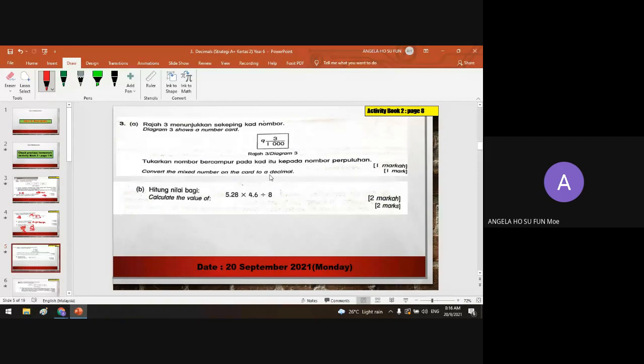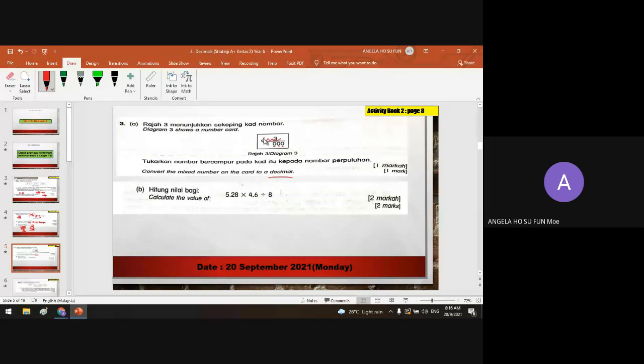They want that in decimal here. So what do you see? If you said decimal here, you see, this is 1,000. At the bottom here is 1,000. It consists of how many zeros? 1, 2, 3. So what I'm going to do is, I will just shift your decimal point from the back of 3, 1, 2, and 3.